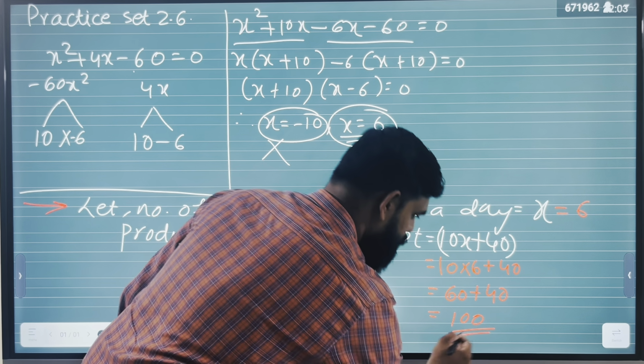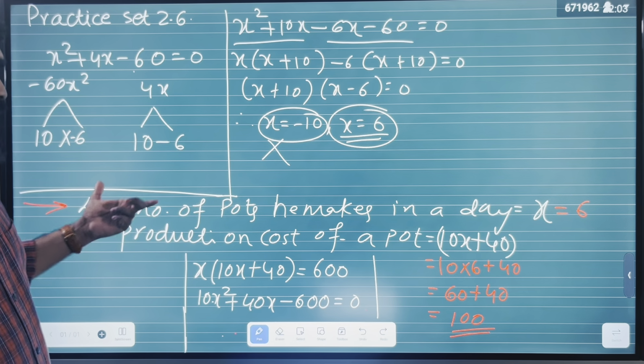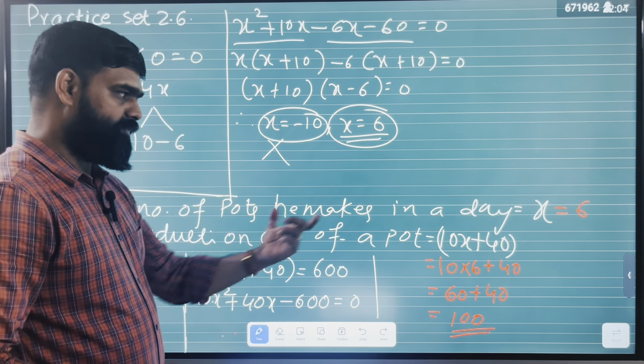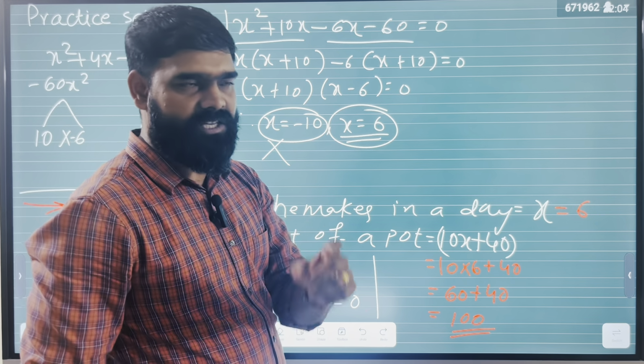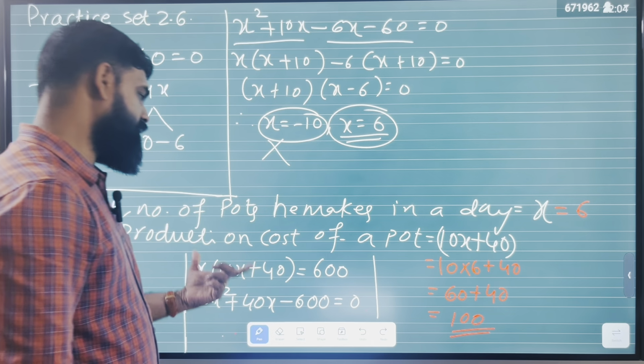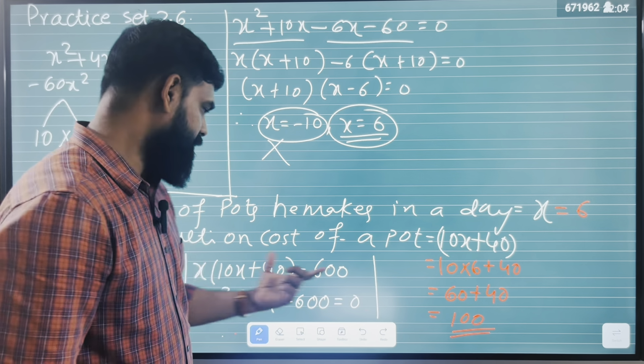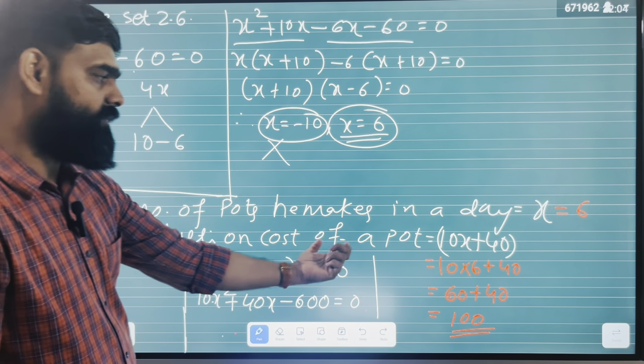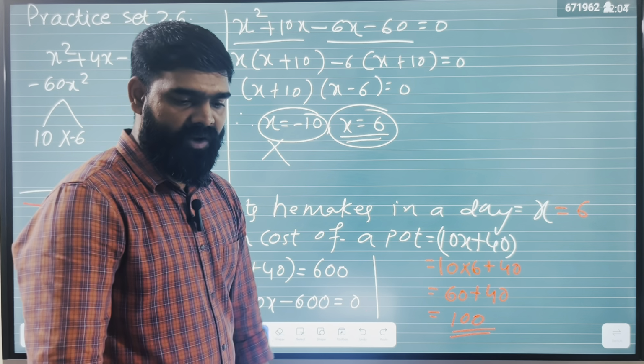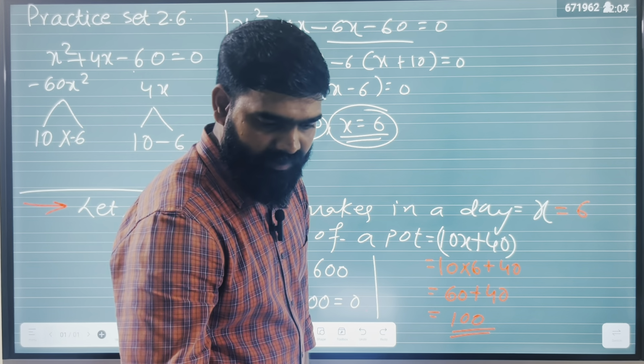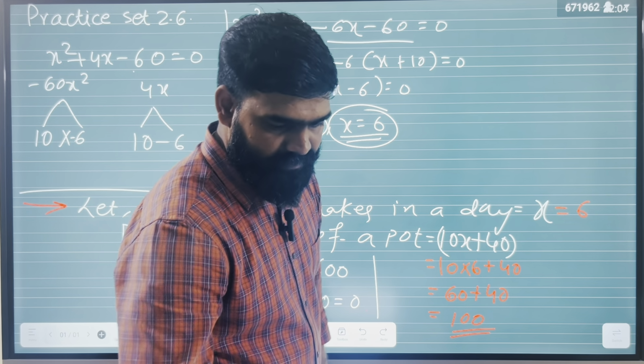So Mr. Kasam makes 6 pots per day, and the production cost of a single pot is 100. So we got our two answers here.